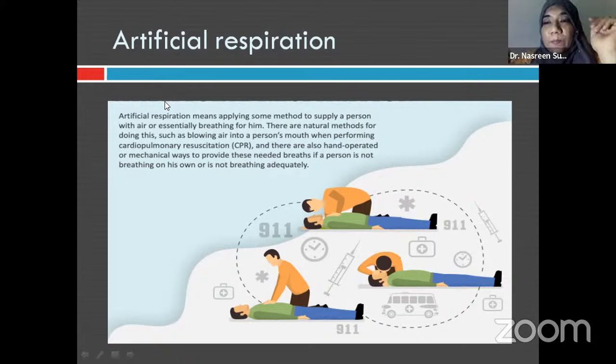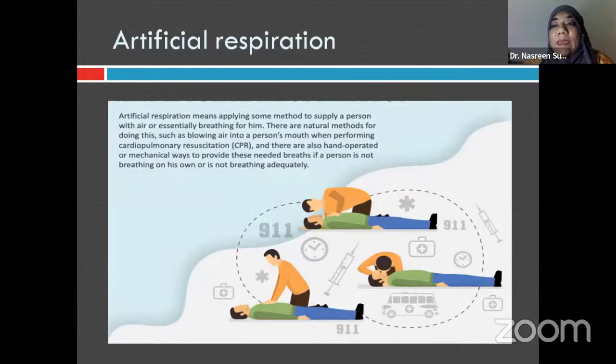So what you are going to do is you are actually following ABC method. ABC method means first clearing the airways, then giving your artificial breathing, and cardiopulmonary resuscitation. Okay, and there are some ways to give you like hand operated or mechanical ways. This needs breathing if a person is not breathing on his own or is not breathing adequately. So if a person is not able to breathe, what they will do in hospitals, they will put them on the ventilator.